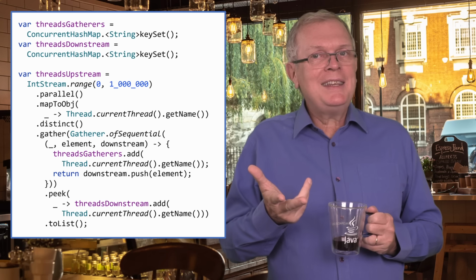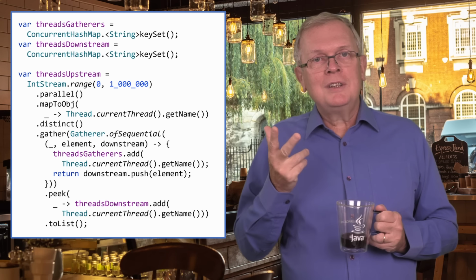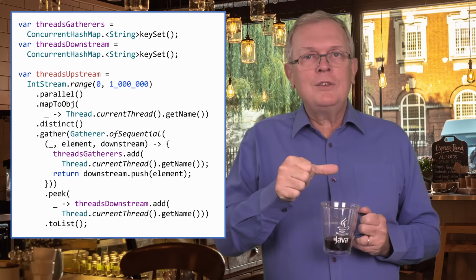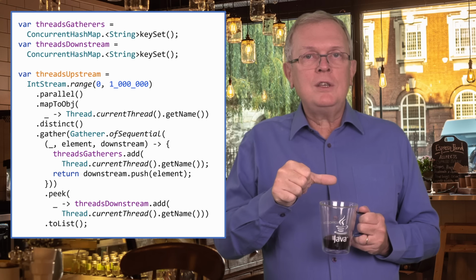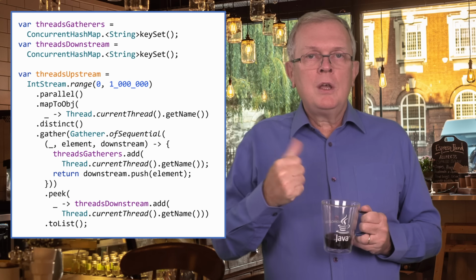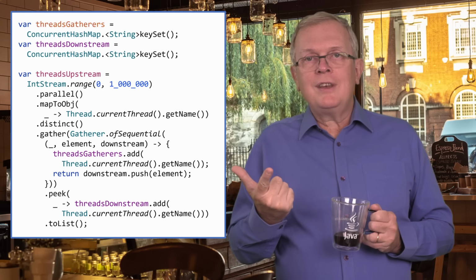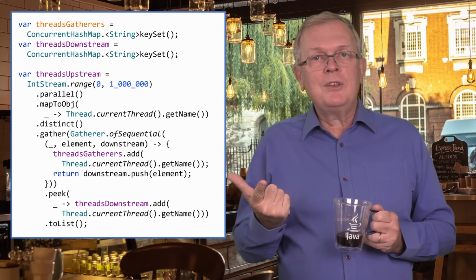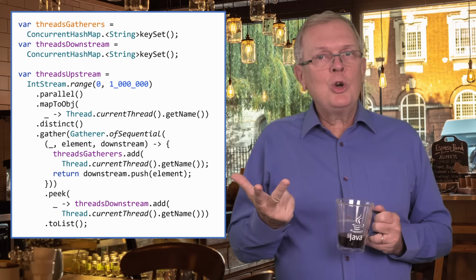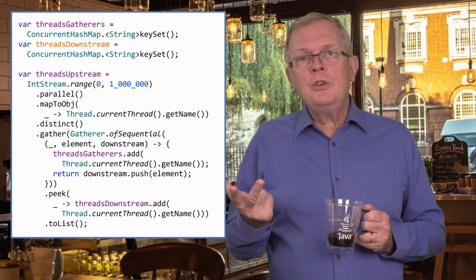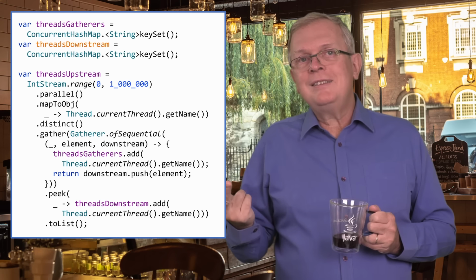That being said, in the end, you have three collections. The first one, called threads upstream, contains the name of the threads that were used to execute the upstream of your gatherer. The second one, called threads gatherer, is for the thread names that execute your gatherer. And the third one contains the thread names that were used for your gatherer downstream.